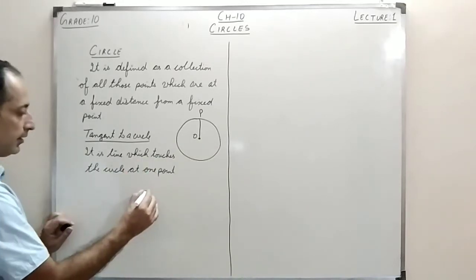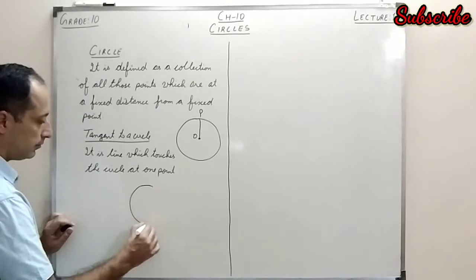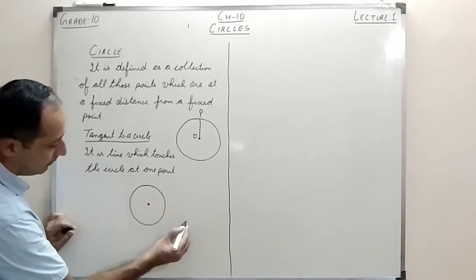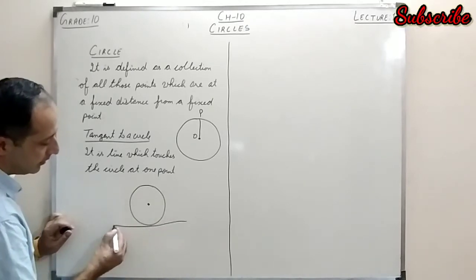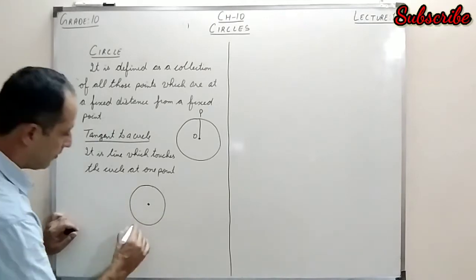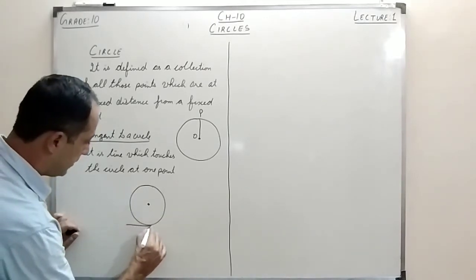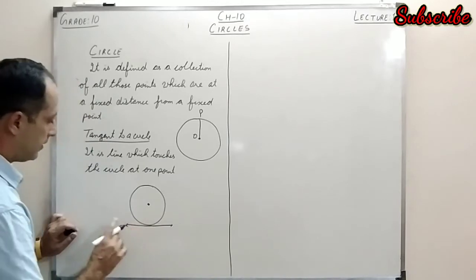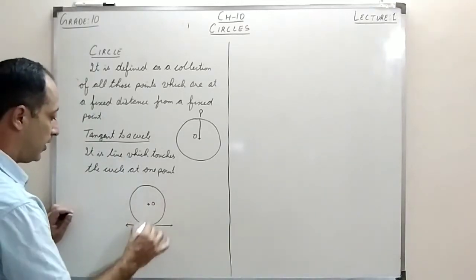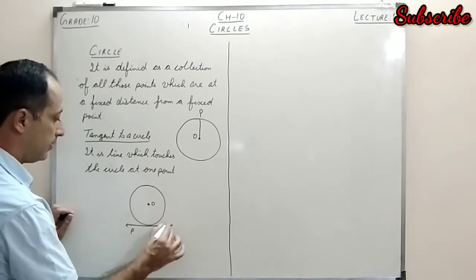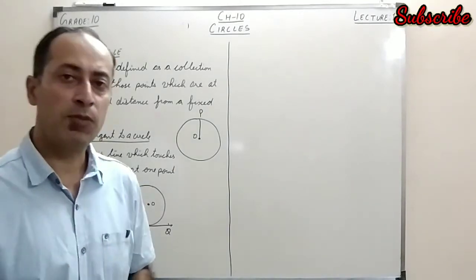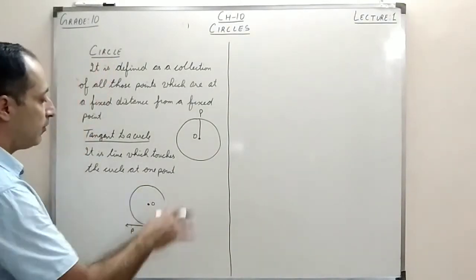So if we draw a circle, and we have a line touching the circle at any one point, that is the tangent. You just draw like this, so this is the tangent. This is the center O, this is P, this is Q. A circle can have infinite number of tangents.